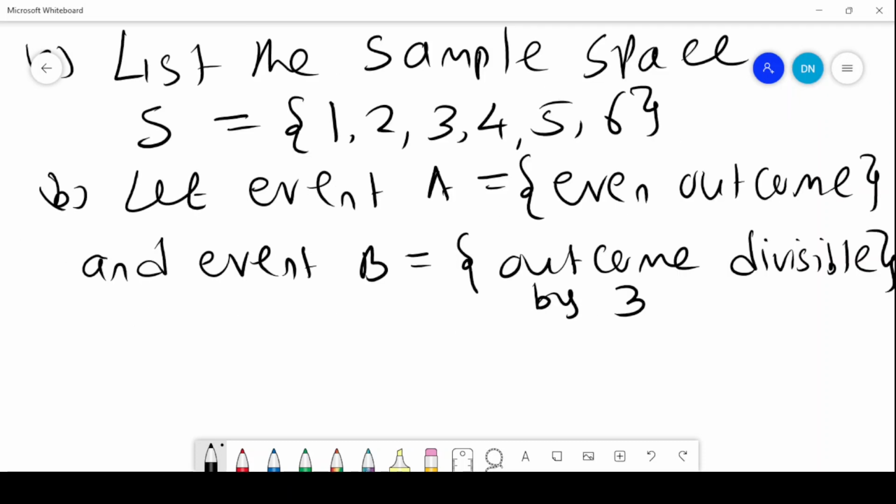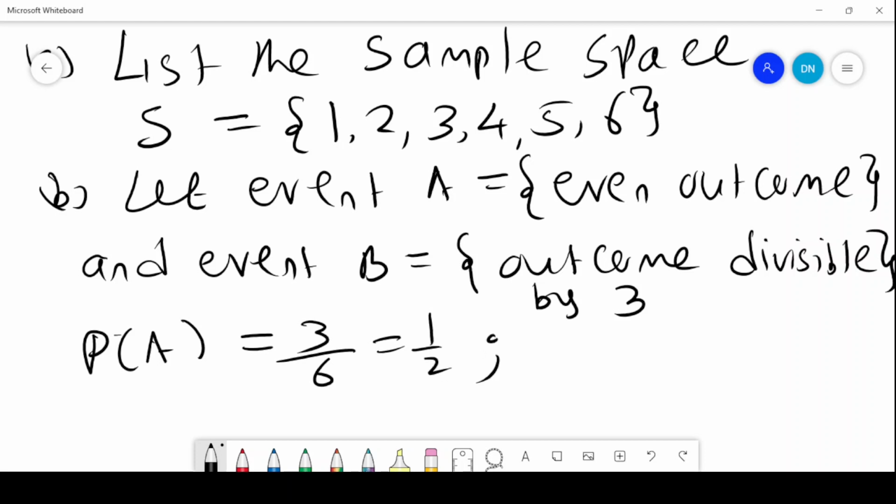In the second part, you are told to let event A be all the even outcomes and event B the outcomes divisible by 3. So the probability of A will be all the numbers 2, 4, 6, which is 3 over 6, which is a half. And then the probability of B is all the numbers divisible by 3, which is 3 and 6, which is 2 over 6, which is 1 over 3.